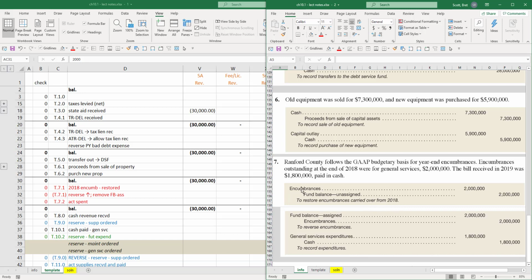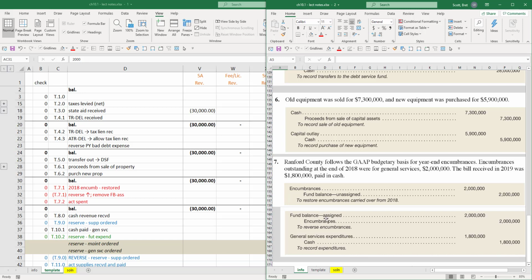So last year's encumbrances, we zeroed those out and put them to the assigned fund balance. Now we're simply saying, hey, those encumbrances, remember last year? Let's actually record them this year because this is the year we actually pay for them. So we record an encumbrance, meaning we're recording an anticipated expenditure of $2 million. Well, that anticipated expenditure was last year's. We just carried it over into this year.